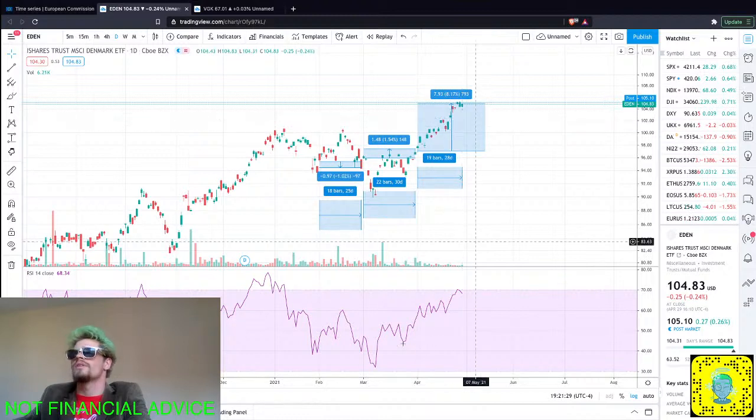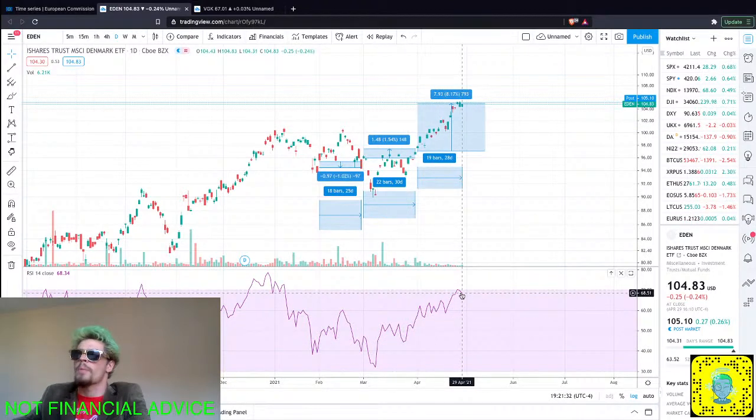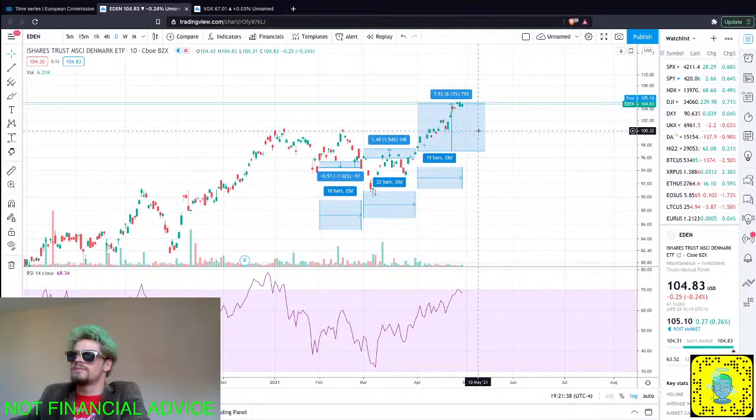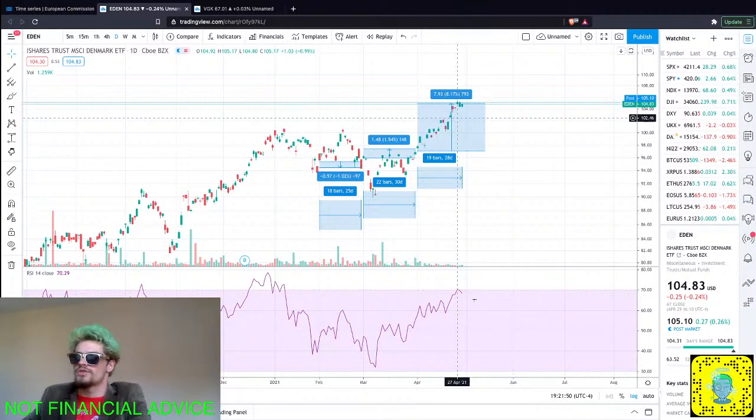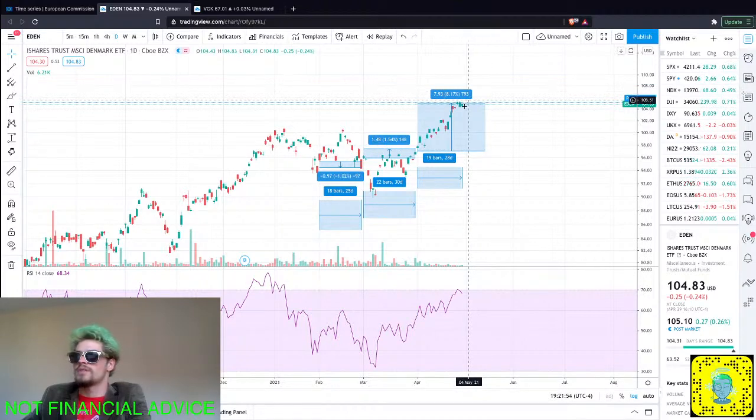And also seeing on the RSI, the momentum being very high. Denmark ETF just looks very good to me. Just seeing the strong correlation between this and the Denmark ESI and the strong momentum, I'm just playing this as a momentum play because I feel good about the European stock market.